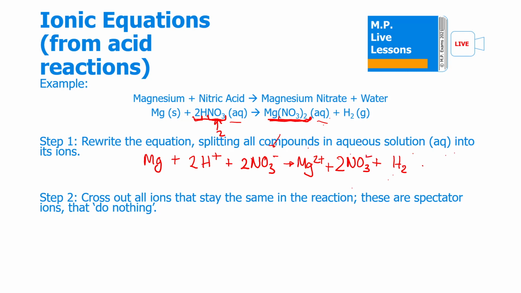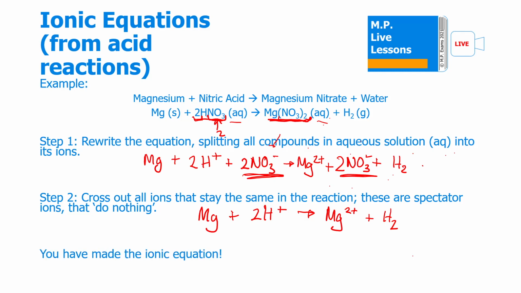So in this case, that would be this nitrate ion here and this nitrate ion here. So what we get in the end is magnesium plus 2 hydrogen ions gives us eventually a charged magnesium ion and just hydrogen at the end. That's neutral. And that's the ionic equation.